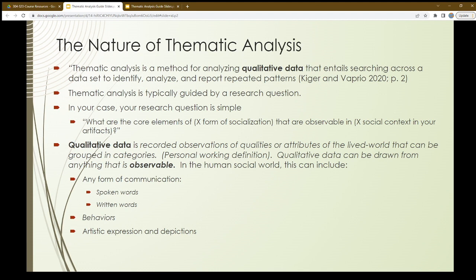Behaviors you can observe as well. You can write down what you observe from behaviors in a video or in the natural world and find the patterns with that. Also, this could be artistic expressions or depictions. That is fundamentally the purpose of art, to communicate something.